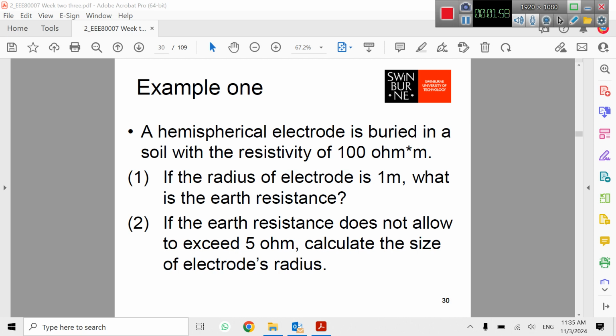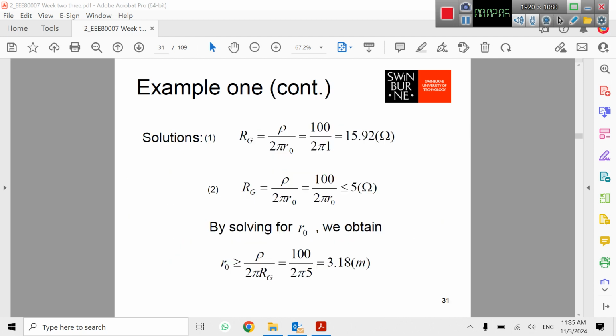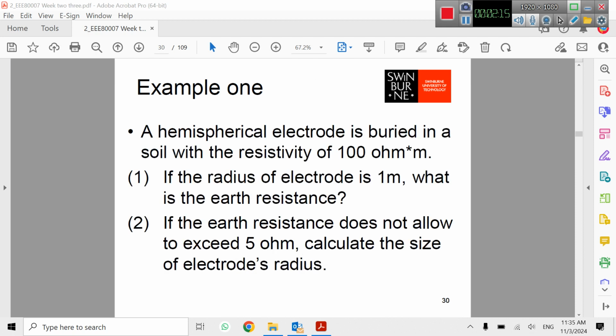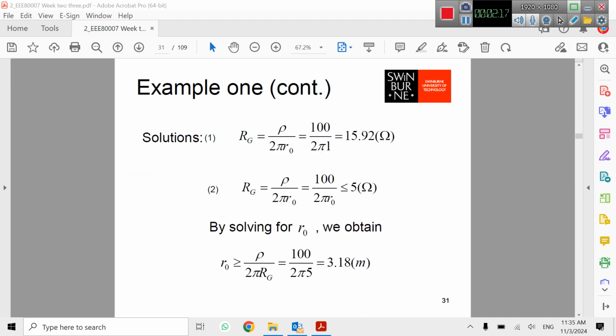Then, if the earth resistance is not allowed to exceed 5 ohms, recalculate. It's very clear, Rg is rho over 2 pi R0, so 100 is rho and R0 is 1 meter for the first case. So the total resistance Rg is 15.92.